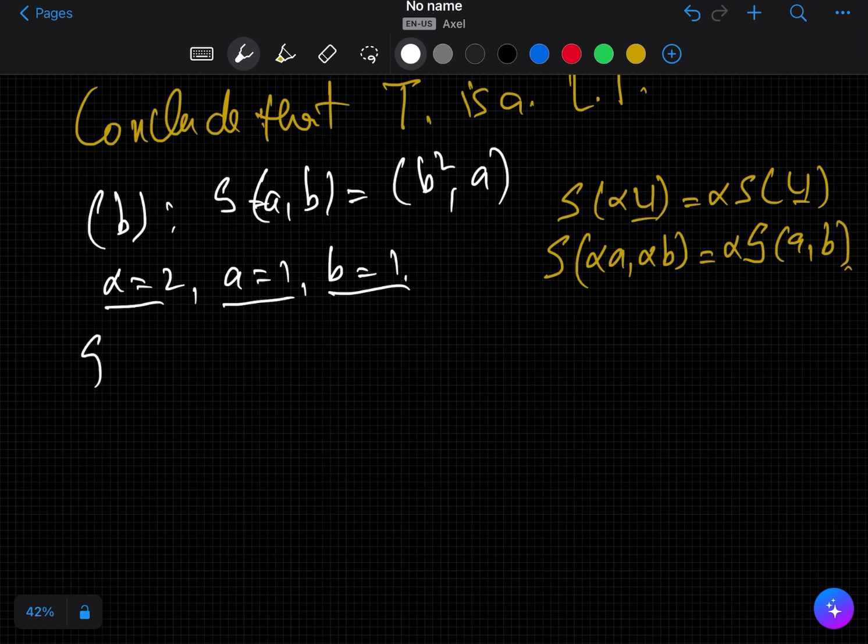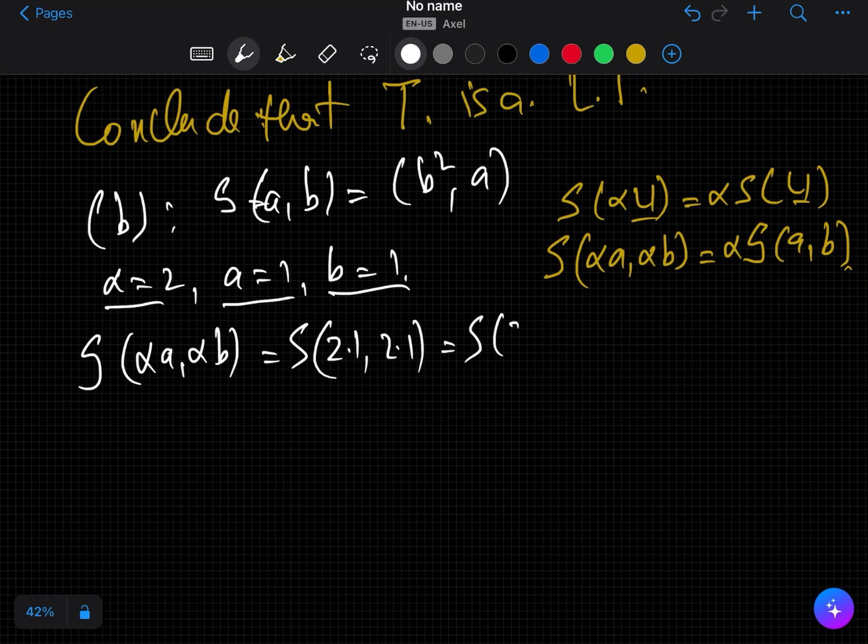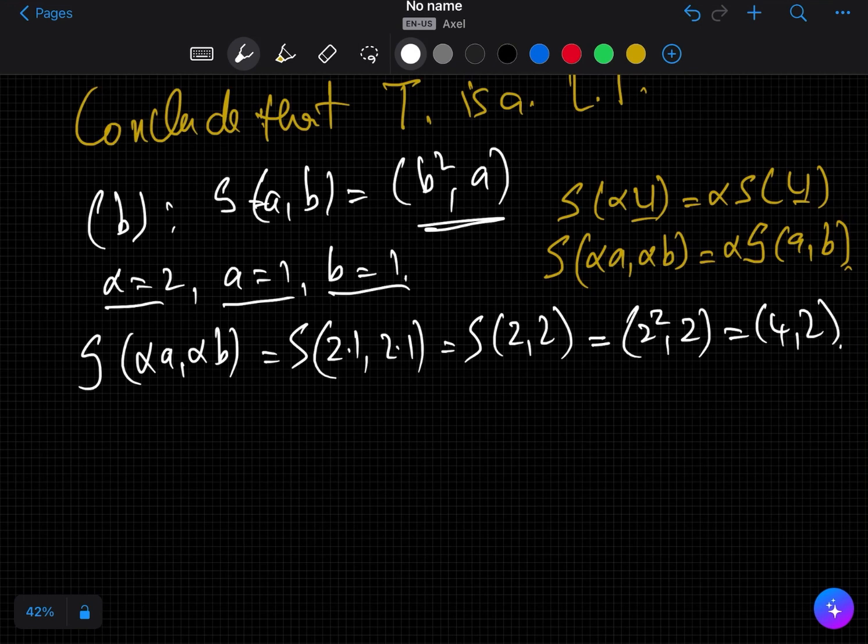Let's assume that alpha equals 2, a equals 1, and b equals 1. So we have that S(alpha a, alpha b) equals S(2 times 1, 2 times 1), which equals S(2,2). If I use this formula, I have (2 squared, 2), which equals (4, 2). Now, I have found this, and I need to also find alpha S(a,b).